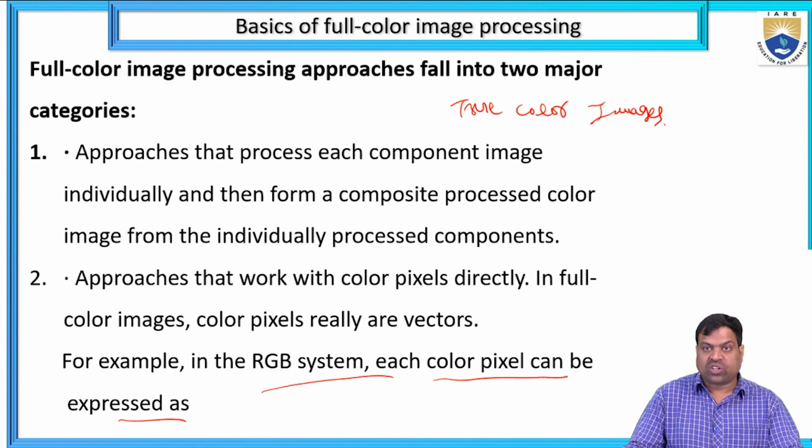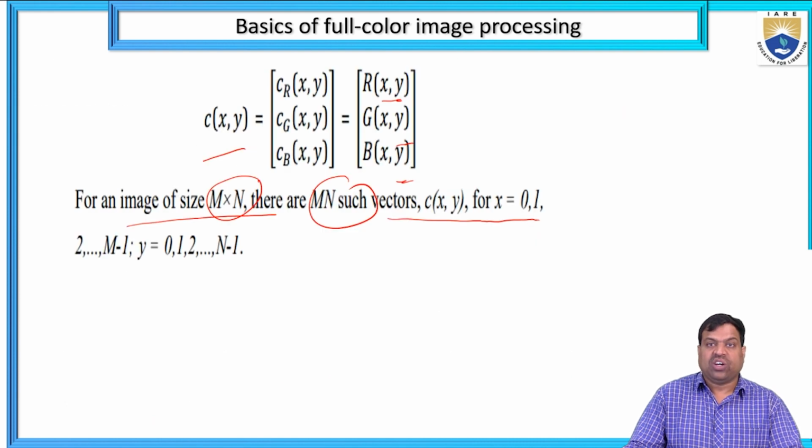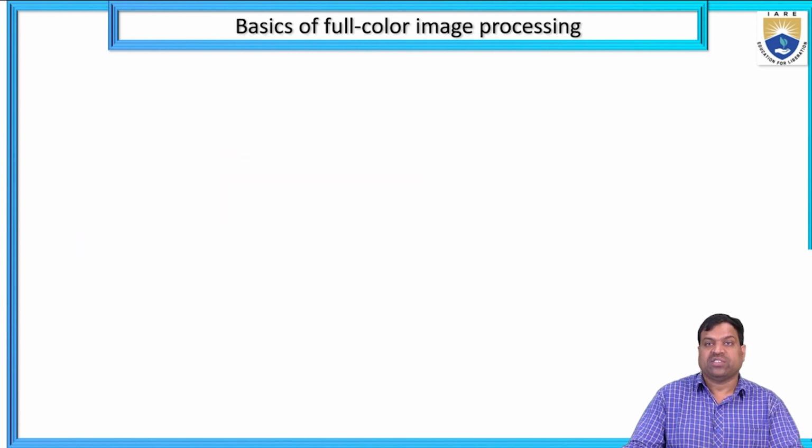For example, in the RGB system, each color pixel can be expressed as C of x, y equal to CR of x, y, CG of x, y, CB of x, y, equal to R of x, y, G of x, y, B of x, y. It is an m by n image with mn such vectors C of x, y. So what does full color mean? A combination of red, green, and blue. That is full color. And pseudo color means we divide red, green, and blue, separating the colors.